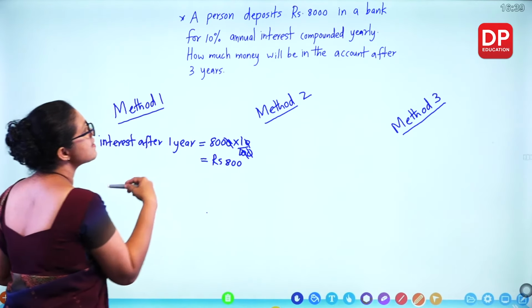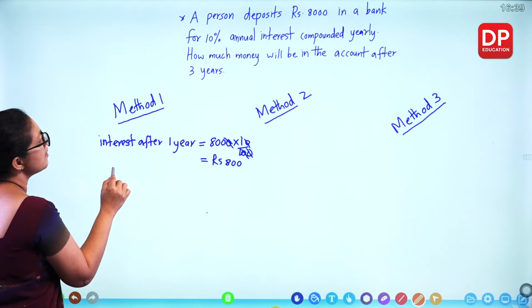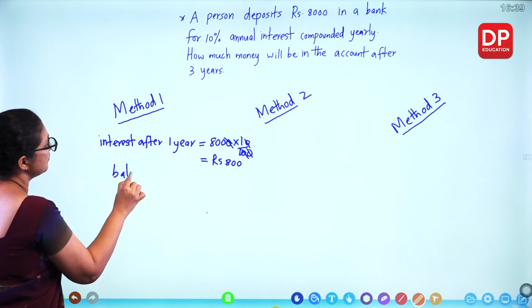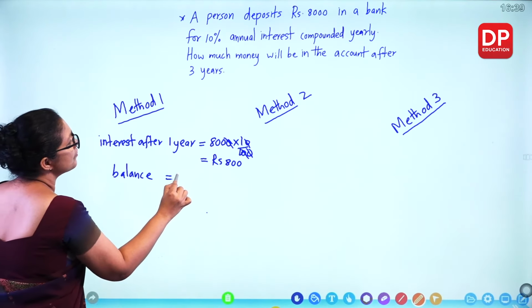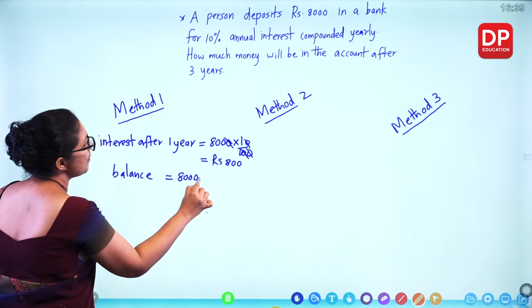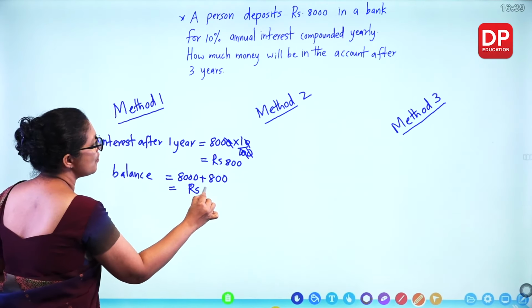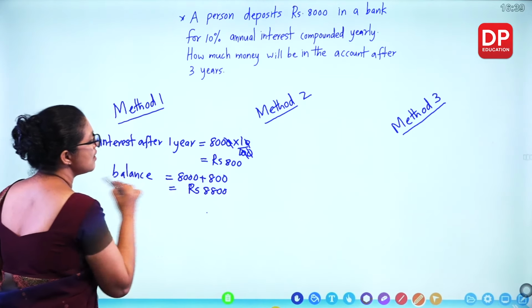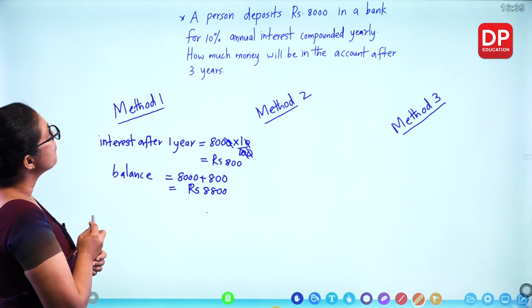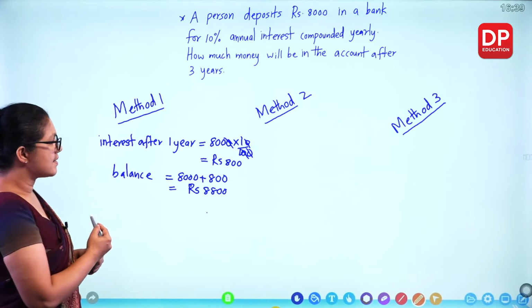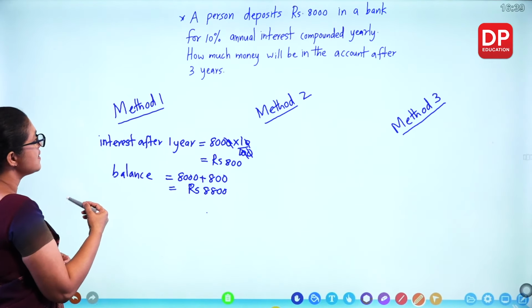So what's the balance now? Then the balance is 8,000 plus 800. That's 8,800 rupees after the first year. Then this is for 3 years. Now we'll do the second year.